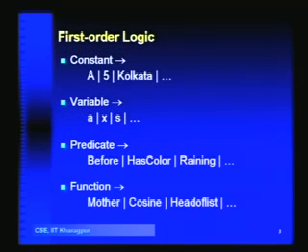Right. So the difference between first order logic and propositional logic is in the existence of predicates. Now if you recollect, in propositional logic we had propositions which could take values of either 0 or 1.